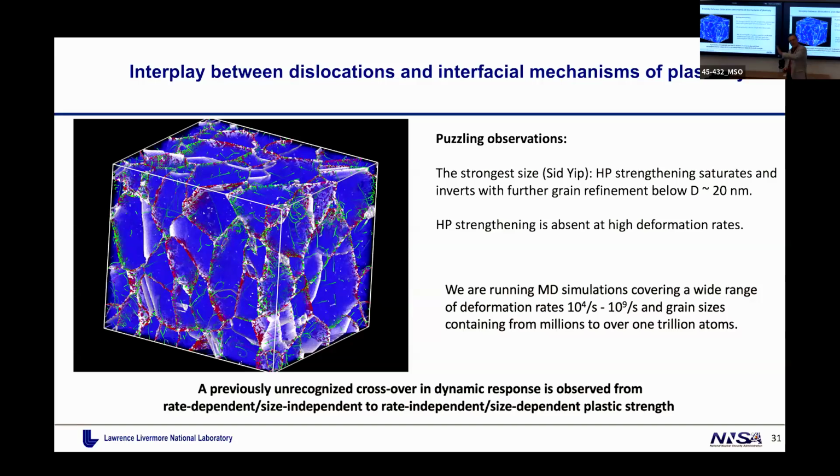And there is another kind of behavior that is rate-dependent and size-independent. There is a crossover line in the space of rates and grain sizes. So we're now trying to quantify where this line is for a particular model of tantalum that we're looking at. These are pretty huge simulations we're running right now. Riddle is involved in this work.